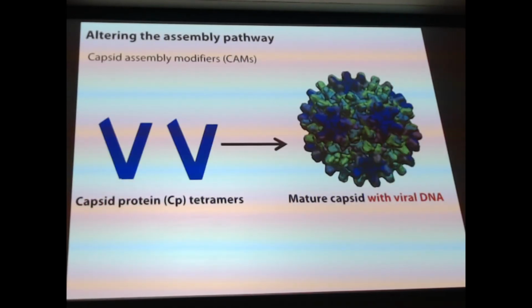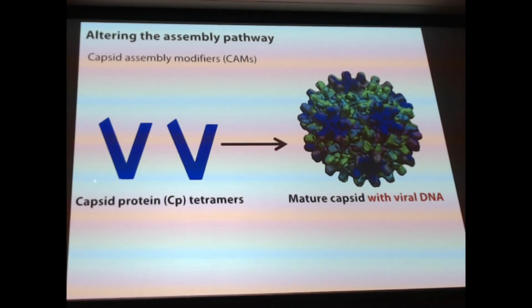Okay, so knowing that this conformational dynamics are important, the question comes up, can we somehow alter this dynamics to, say, change the assembly pathway, misdirect it somehow? And of course the answer is yes. There's a class of drugs called capsid assembly modifiers.